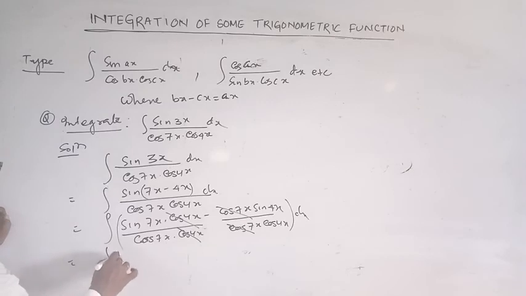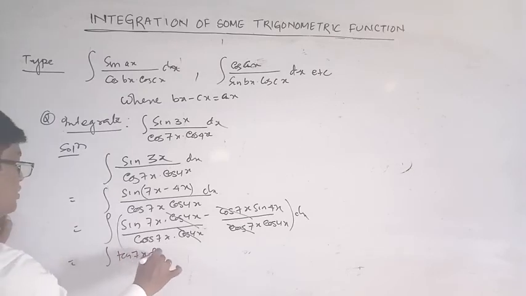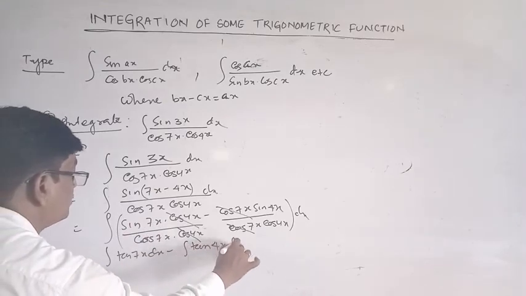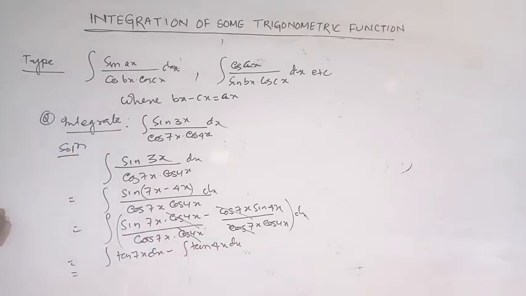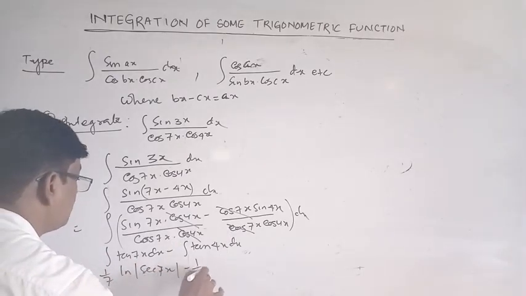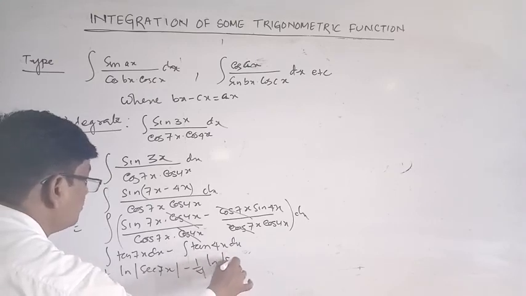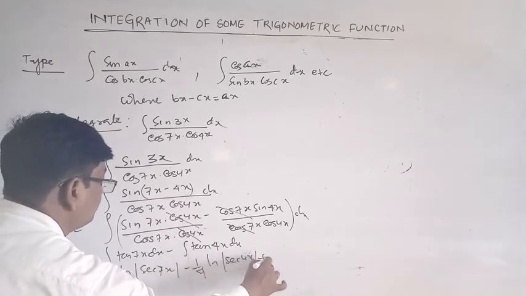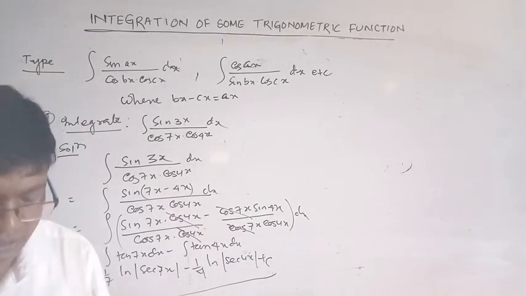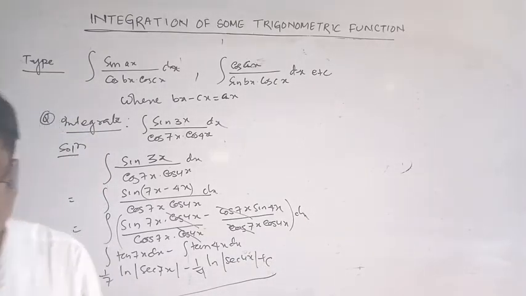Integration here: tan 7x dx minus tan 4x dx. So what is the integral of tan 7x? 1 by 7 log of sec 7x minus 1 by 4 log of sec 4x plus c. This is the answer. Okay, now another form.